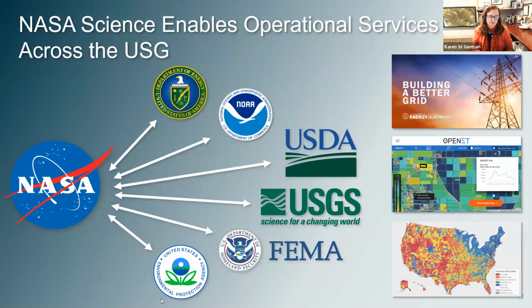And it's specifically focusing on climate smart agriculture, advancing the use of earth science in the field to inform decisions that improve management practices and potentially reduce greenhouse gas emissions and advance carbon sequestration, among other things. So that's specific to USDA, but you see a wide range of other agencies that we work with here.